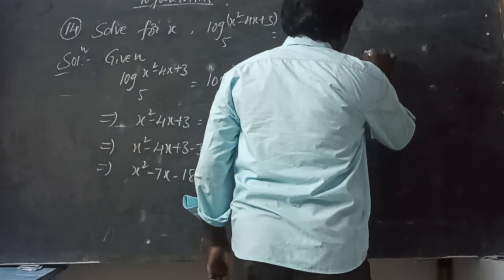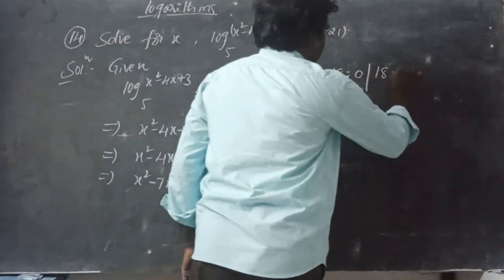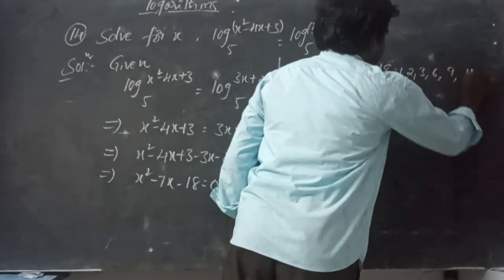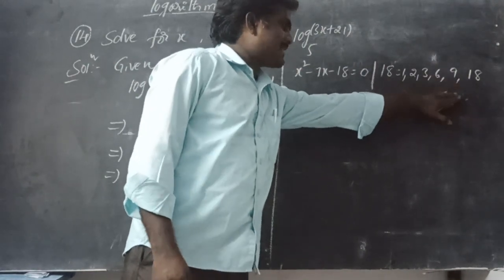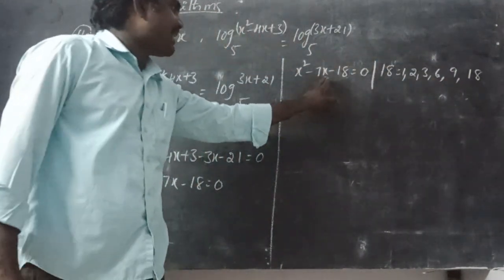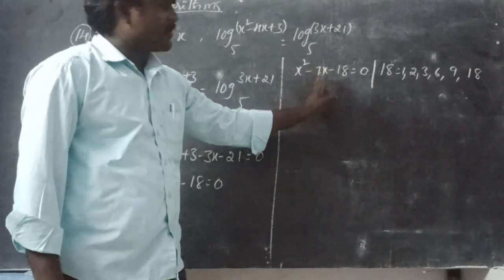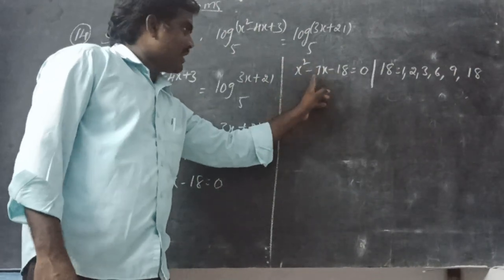The factors of 18 are 1, 2, 3, 6, 9, 18. Among these factors, we take any two factors whose sum or subtraction becomes the x coefficient. The x coefficient here is 7. So which factors we take, their sum or difference should become 7.